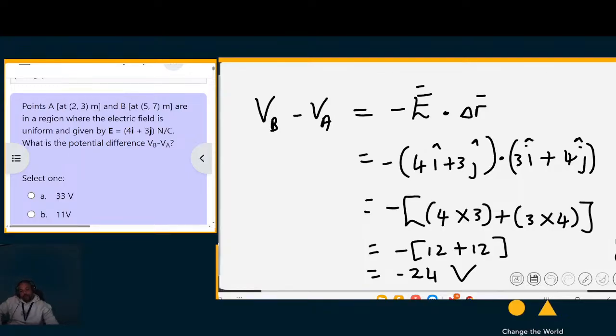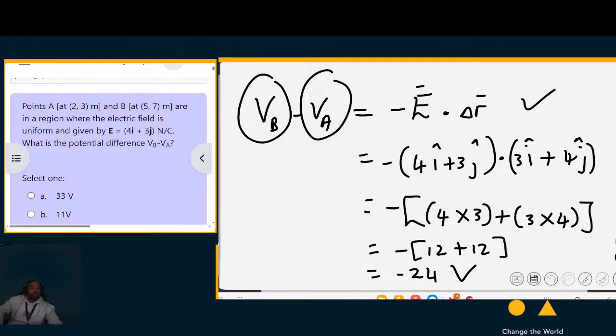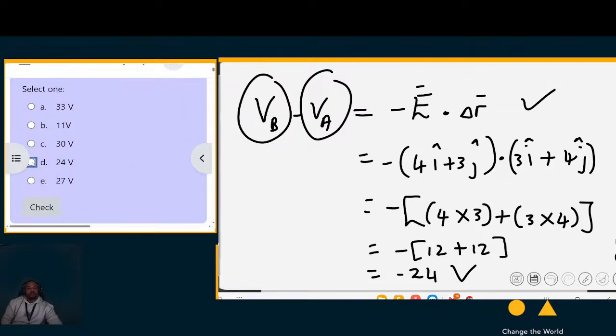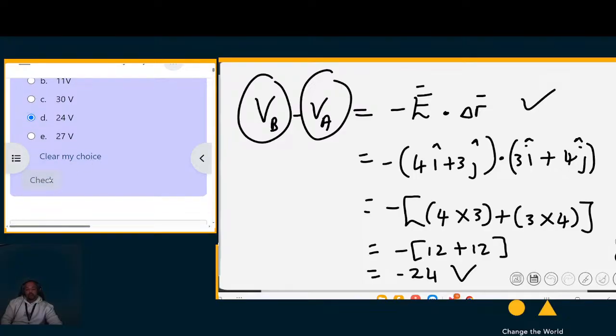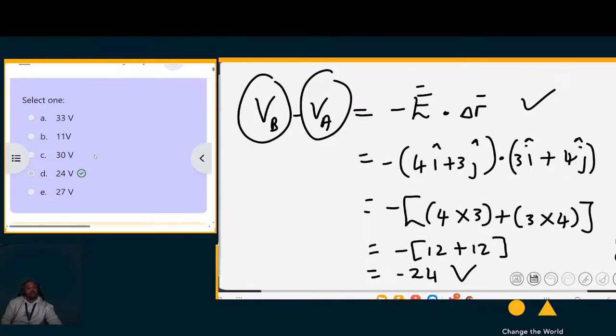Now, of course, you could have calculated the potential for point B first, and then the potential for point A, but this is the easier method. If you can just find the displacement vector between the 2 points, you can just find the negative of the dot product between the electric field and the displacement vector. So let's just check if it's 24 volts actually. Make sure that that is the correct answer. Yes, that is correct.